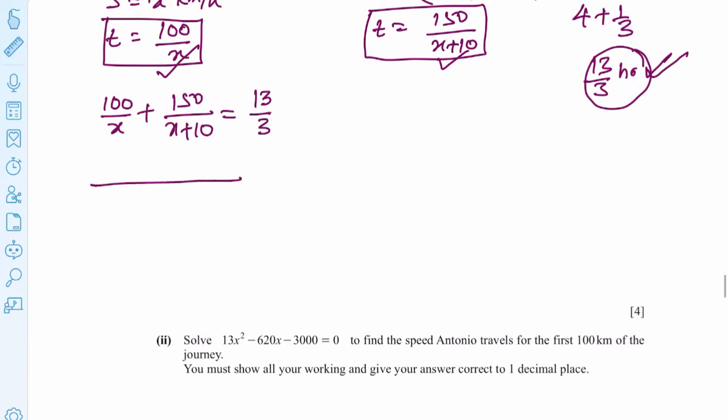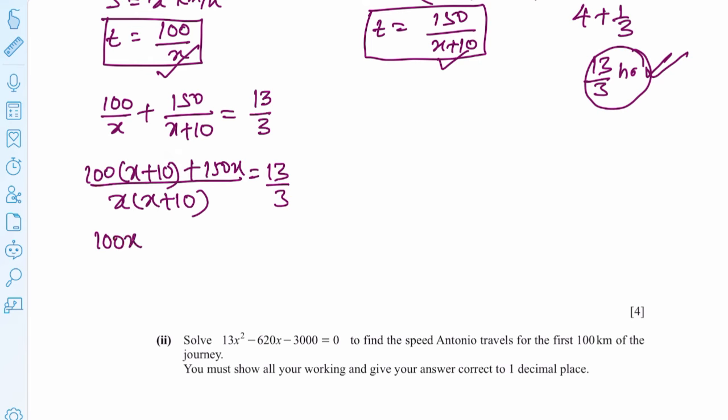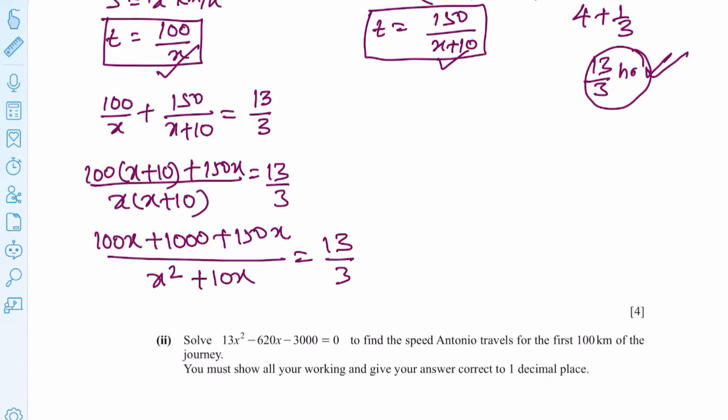Now x times x plus 10, then cross multiply: 100 times x plus 10 plus 150x, that equals to 13 over 3, right? If we expand this bracket, 100x plus 1000 plus 150x over x squared plus 10x, that equals to 13 over 3, right?